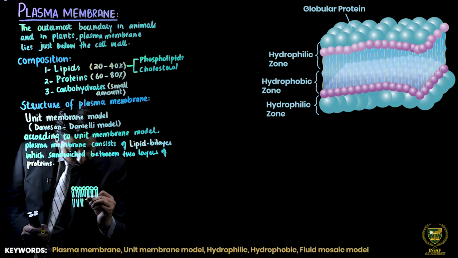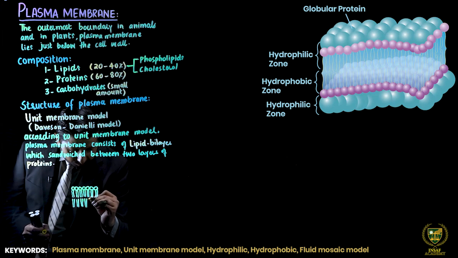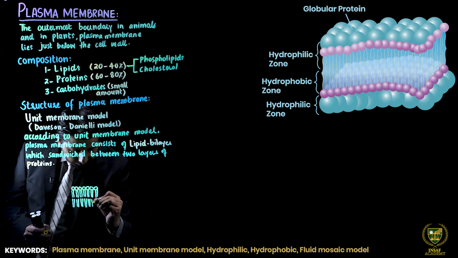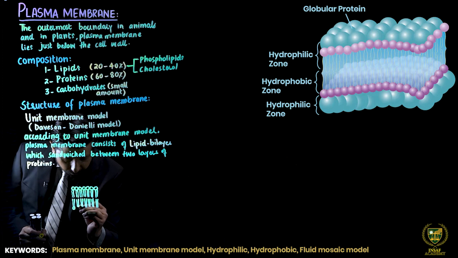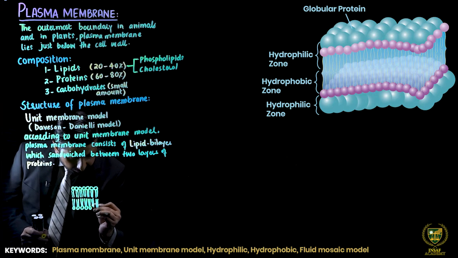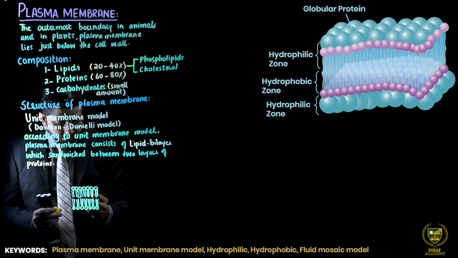So what is this, dear students? I have told you already in chapter number 2, in the topic of lipids, in the class of phospholipids. So these are basically the phospholipids, the lipid bilayer, clear?